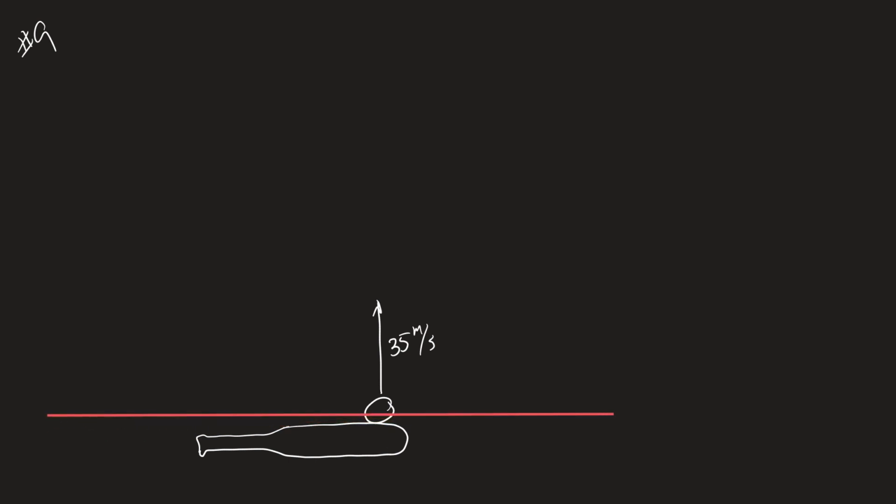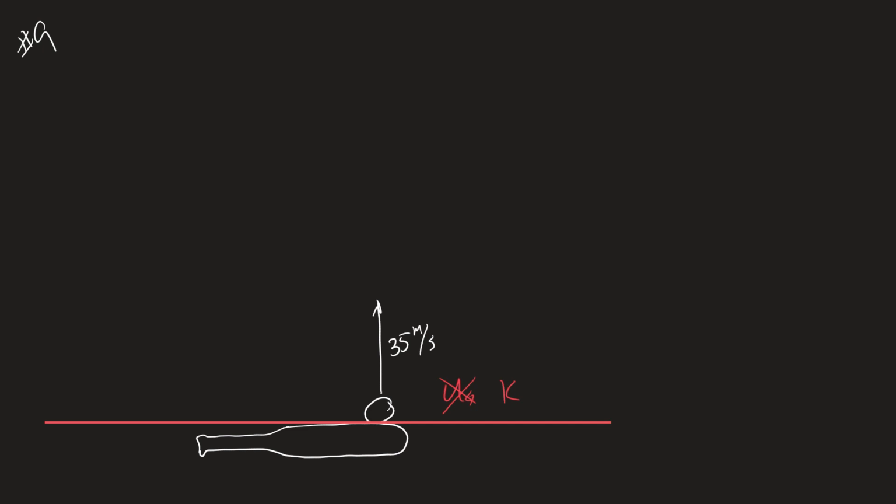Did you set the reference level to be the bat? Well, that's what I would probably do. I'd probably set this to be the reference level. And that way, when it leaves the bat, it doesn't have any gravitational potential energy because it's at the bat. It has all kinetic energy.